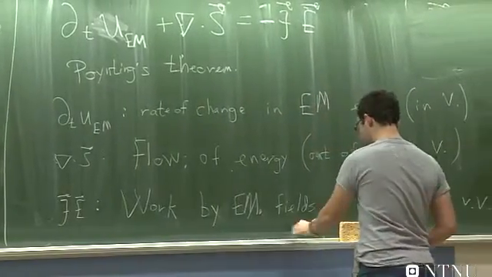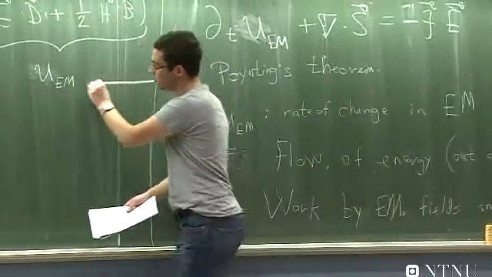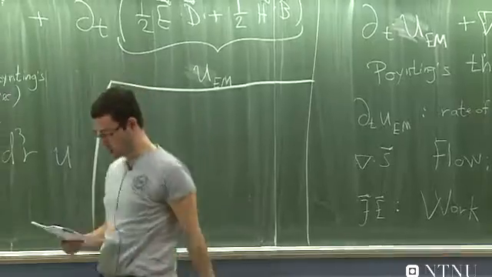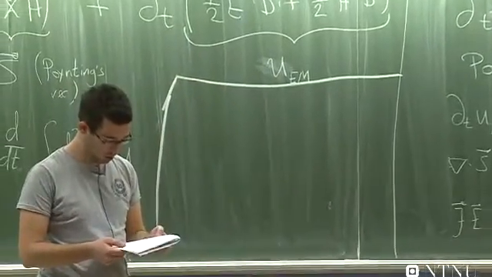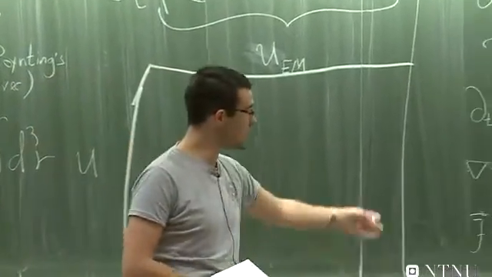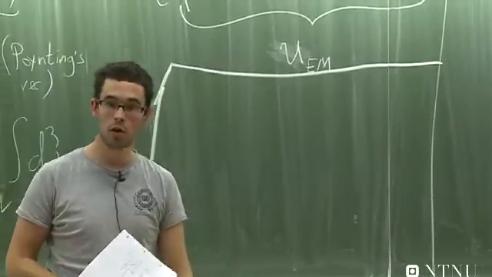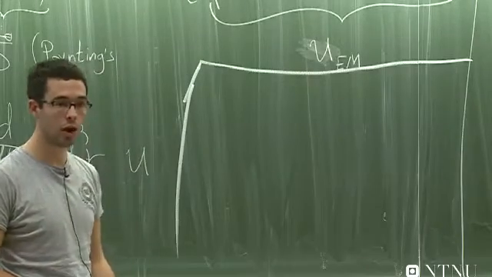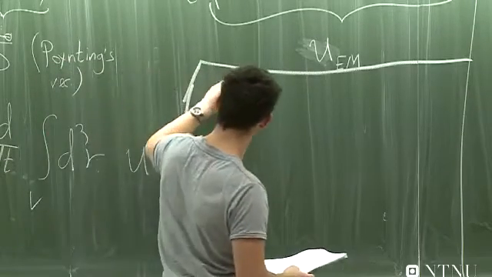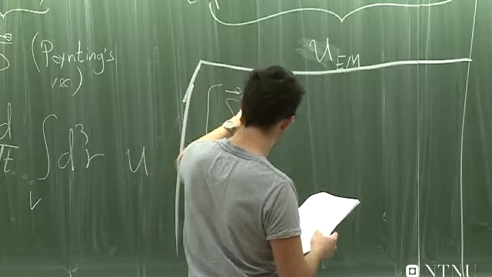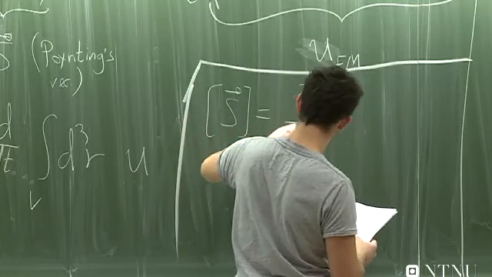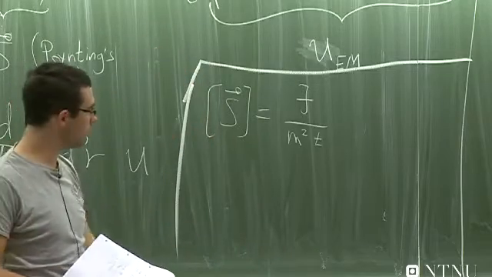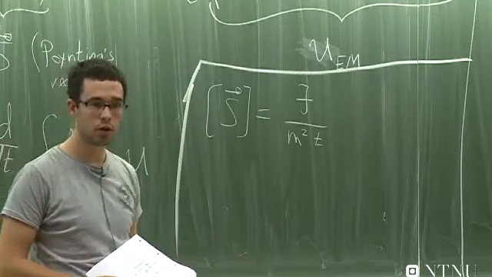Let's see if I can just continue here for a while. Yeah, and this is essentially conservation of energy then, right? And the units of the S vector, to have that clarified. If you do all the unit math, then you find out that it's joules per square meter per time.